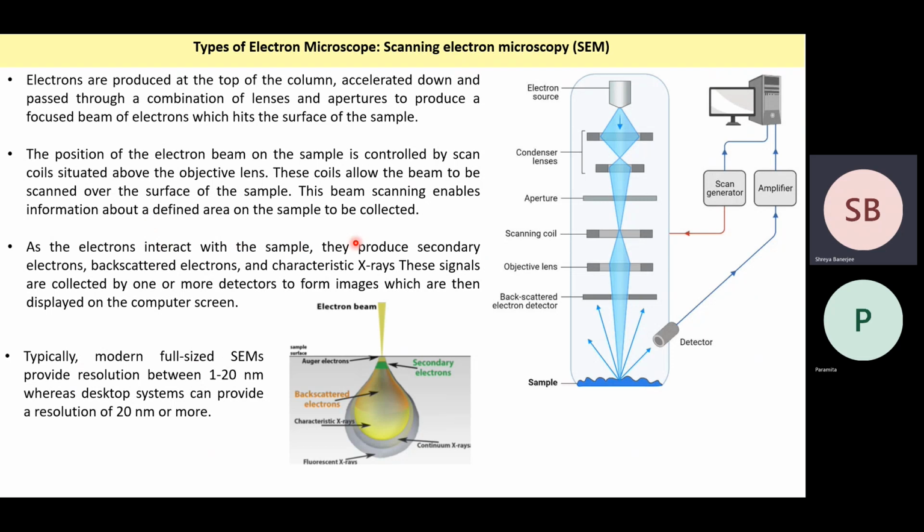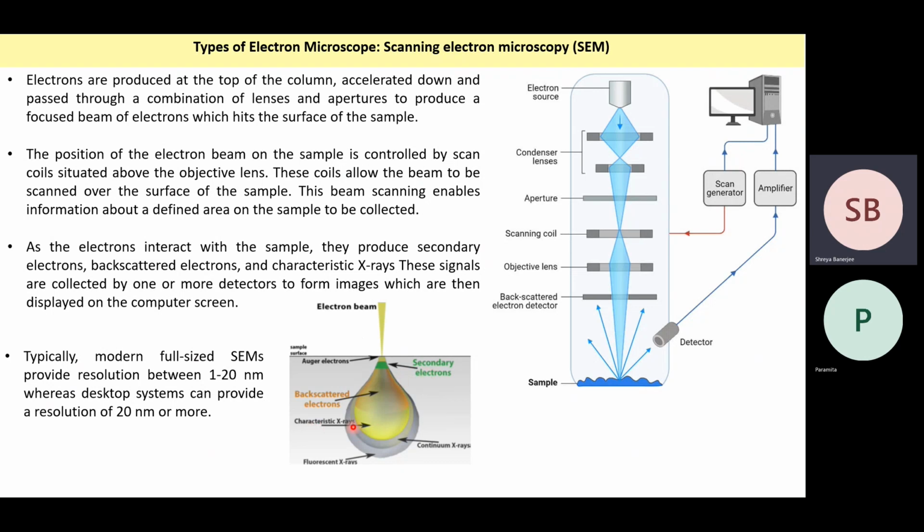So as the electrons interact with the sample, they produce secondary electrons, backscattered electrons, and characteristic X-rays. So suppose this is the sample and the electron beam reaches the sample, many different kinds of rays are emitted from it.